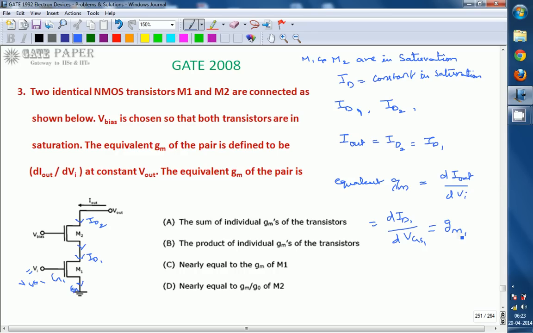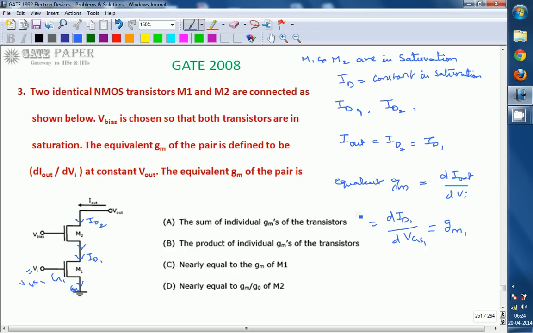From the diagram we can say Iout is equal to ID2 is equal to ID1, because both transistors are in saturation, where drain current is constant. So dIout can be written as dID1, and Vi is VGS1. This is the change in drain current of M1 divided by the change in gate to source voltage, which is the transconductance of M1, gm1.